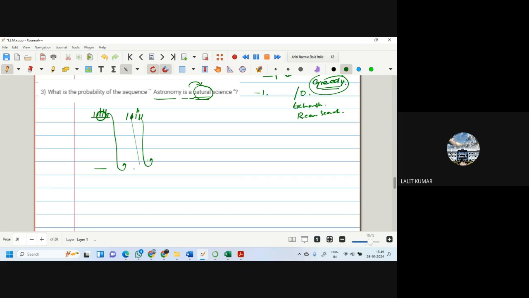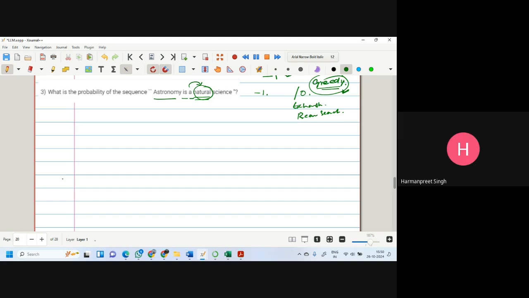Are you getting my point? I'm saying what we lack here is the probability of science given astronomy is a natural, because we already have the probability of natural given astronomy is a. No, see, how does greedy work? I got the intuition. So for greedy, I agree it is zero. If you write answer zero also for a greedy algorithm, it will be right.